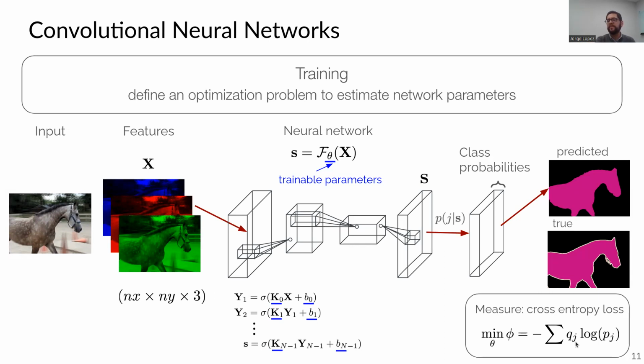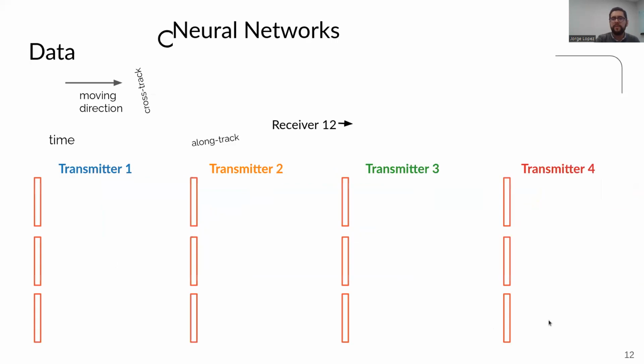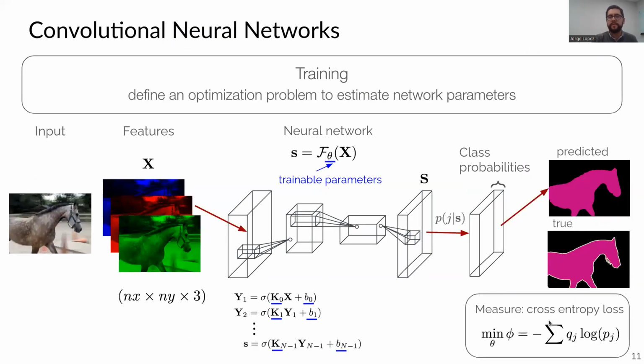Q here is the probability of a certain pixel being classified in a certain label, and P is given by the truth segmentation, where we simply give a probability of 1 to each of the pixels that correspond to the horse in this case. So we minimize that, and that's how we train the neural network.